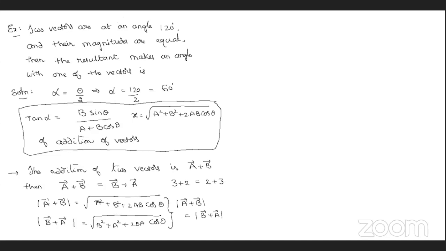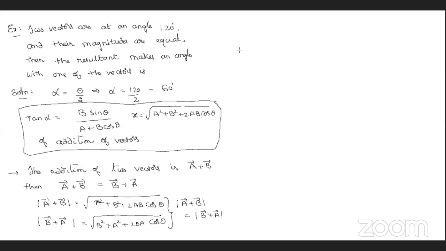But that is the vectors chapter. Now we have to show that the direction of A bar plus B bar and the direction of B bar plus A bar are also the same. Am I right? Yes, sir. So that is what I am asking. Look here.